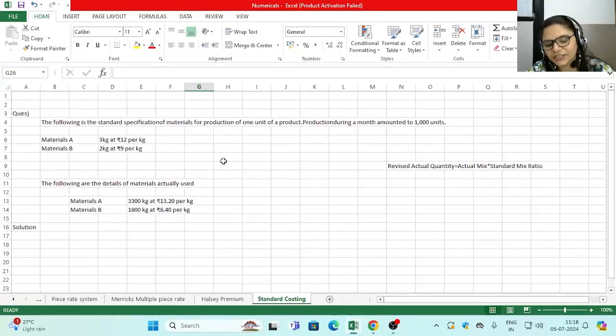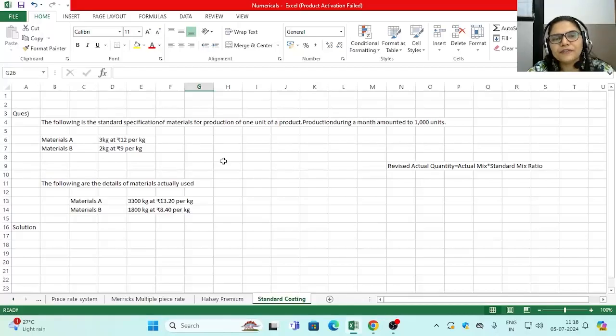In the previous session, I said that whenever there is no specification regarding the type of materials, then we take basically three kinds of variances: material cost variance, material price variance, and material usage variance.